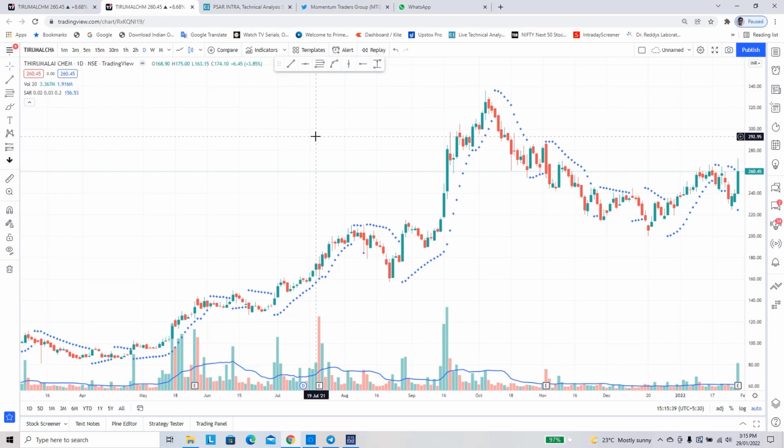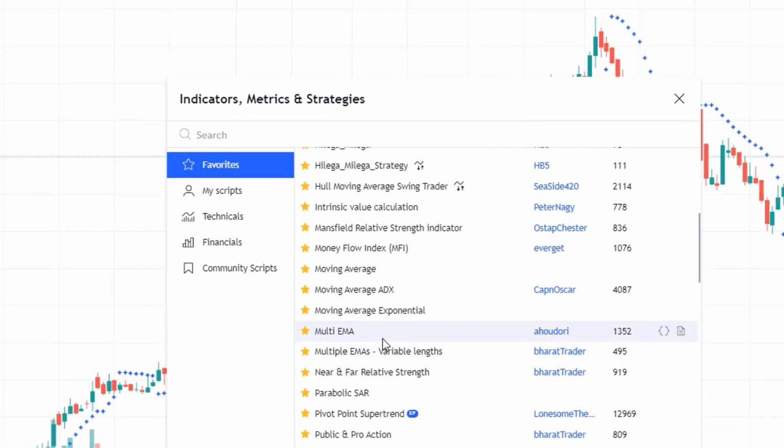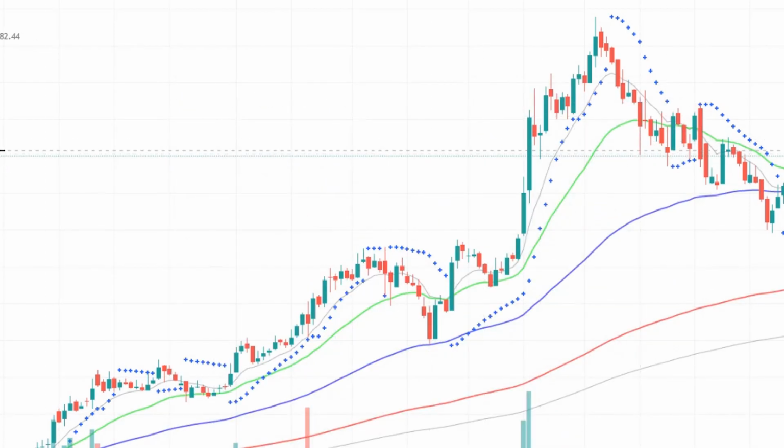So to club all those EMAs in one indicator, there is an indicator called Multi EMA. The author is Audori. You can click on this, and once you plot it, you can see these multiple EMA lines plotted on the chart.